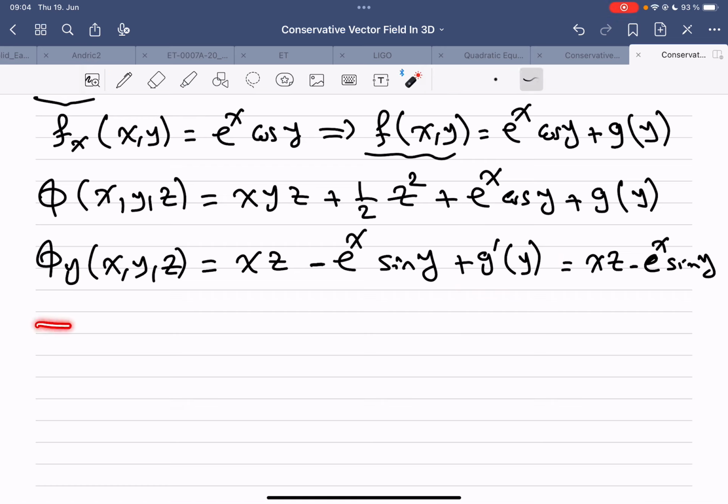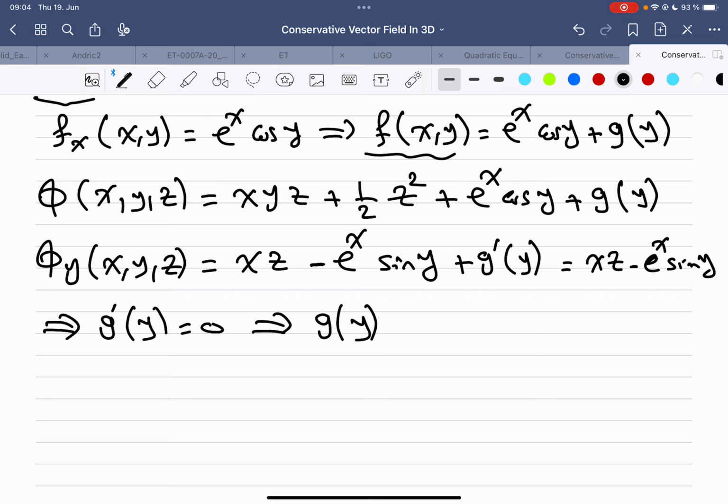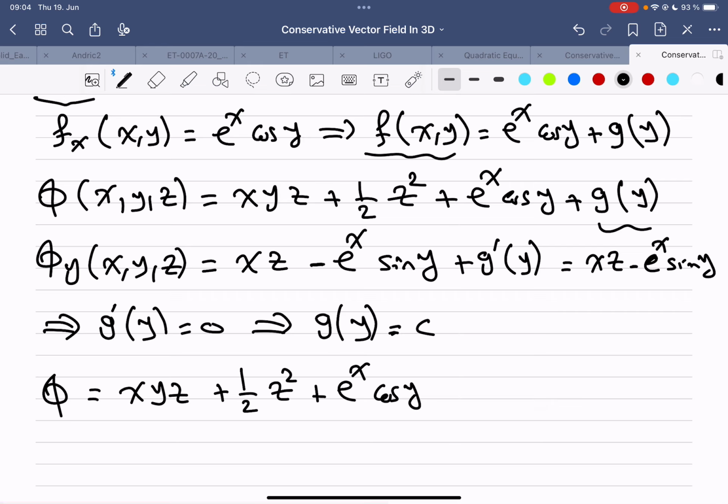So g dash y equal 0, so g of y equals a constant, which is c. So phi in this case will be xyz plus half z square plus e to the power x cosine y, and g of y is constant, plus c.